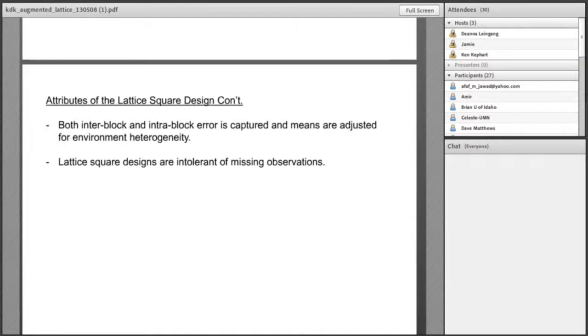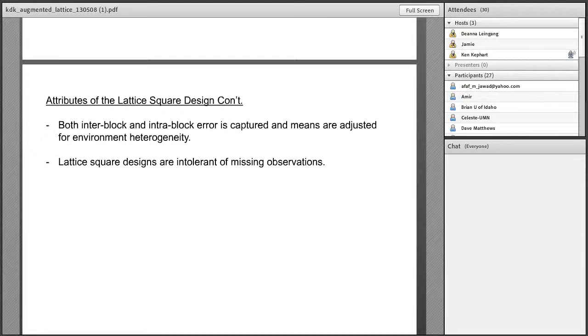So in a partially balanced lattice design with 3 replicates and a k-value of 5, in other words, 5 by 5 blocks that we're growing here, you can see the degrees of freedom, we wind up with 36 degrees of freedom for your error, and then standard errors would be calculated as a weighted function of the intra and interblock error in this design.